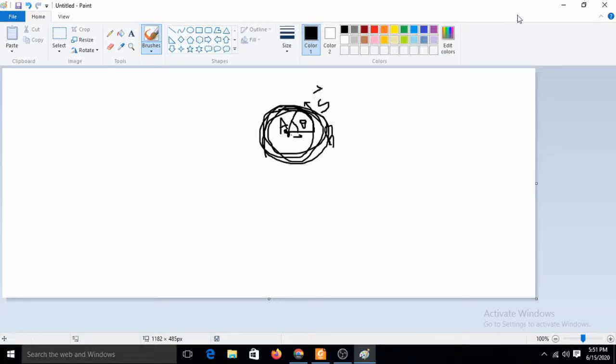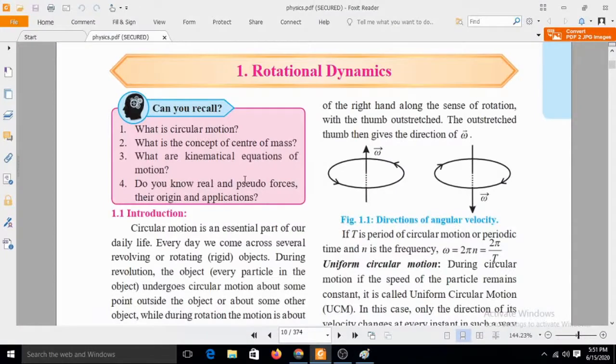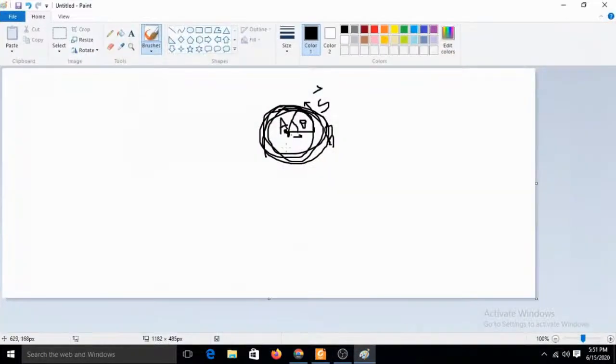So over here, see, circular motion simply means what? I will come again over here. This is your circle. It is not properly done. Sorry for that, students, but I am doing it roughly because I don't have any whiteboard software till now. Okay, we'll see further if I have this. Then see over here, this is the diameter of the circle, and this is the circumference of the circle.